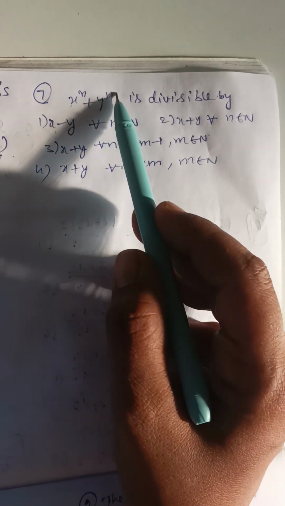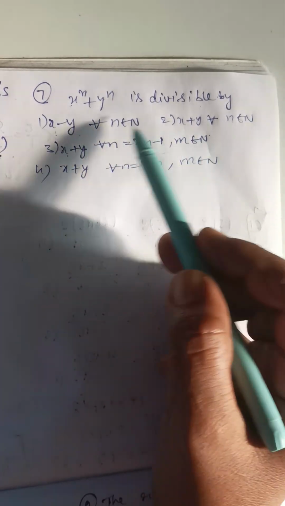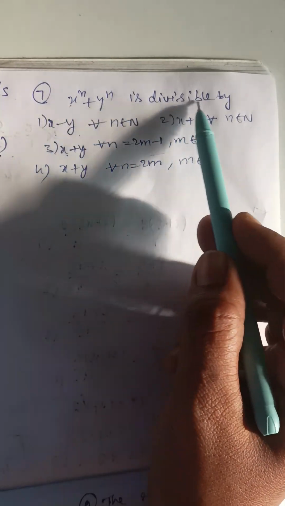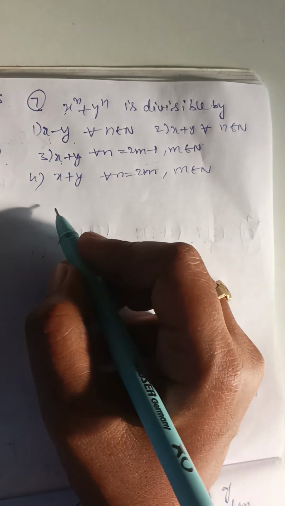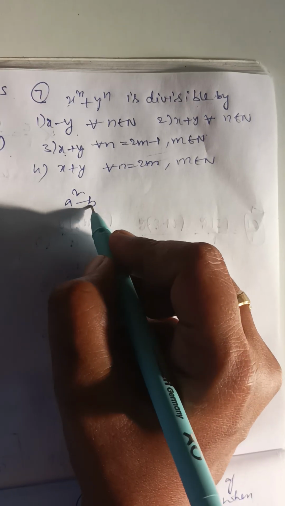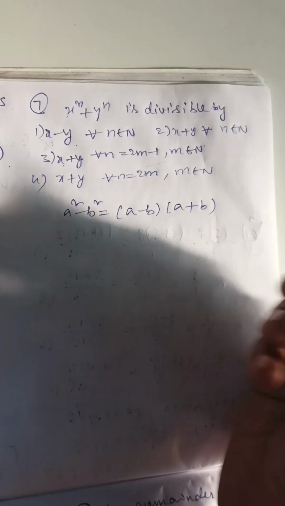Seventh question. x power n plus y power n is divisible by x minus y or x plus y. These are the given options. Okay, it is divisible by what? We know that a square minus b square equals a minus b into a plus b.